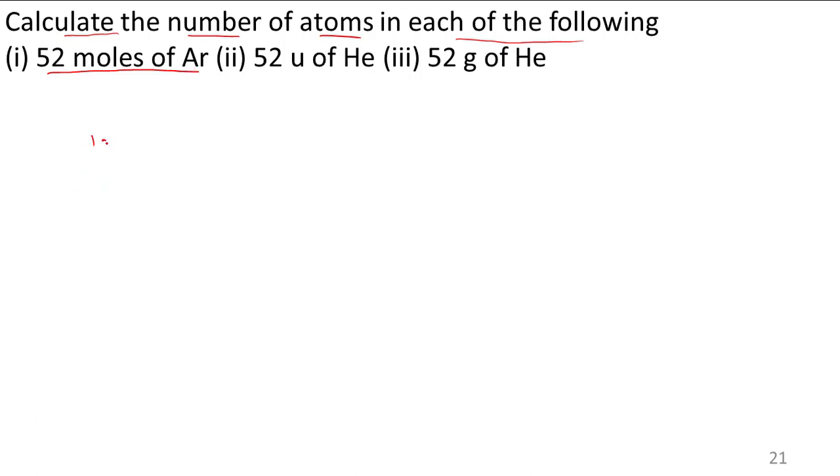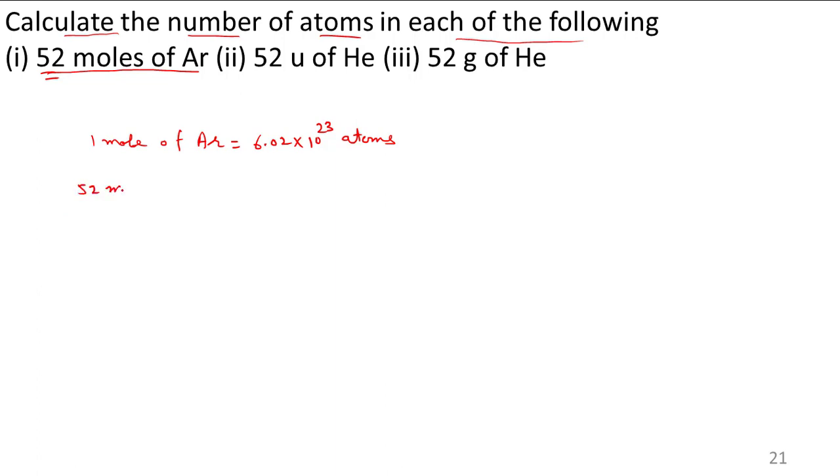Now we have 1 mole of argon. It contains how many atoms? 6.02 into 10 raised to the power 23 atoms. So we have to calculate in 52 moles.